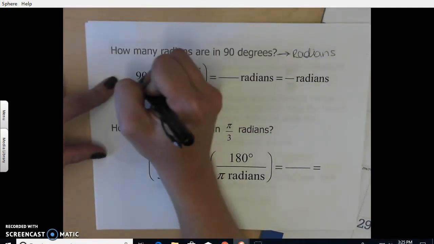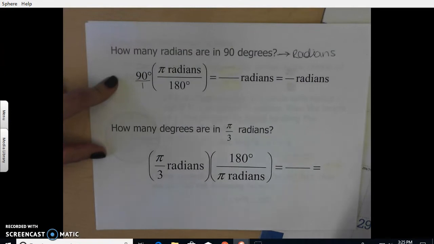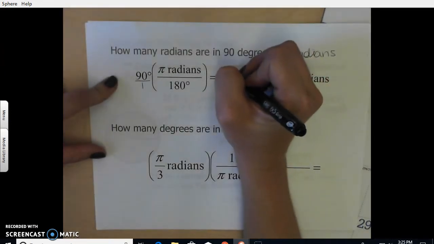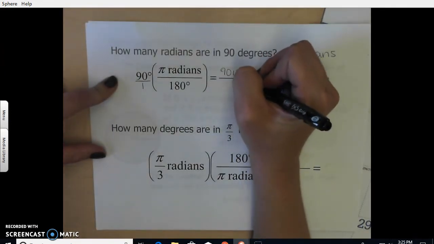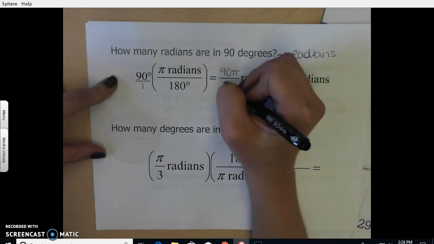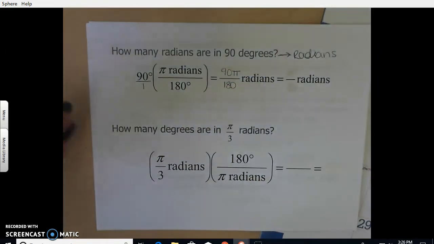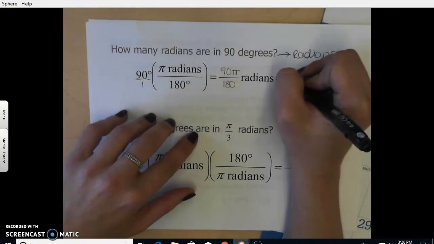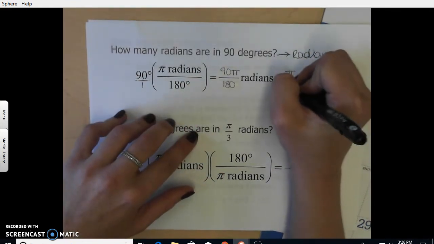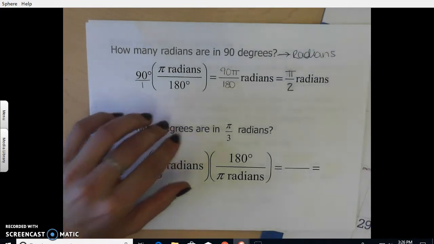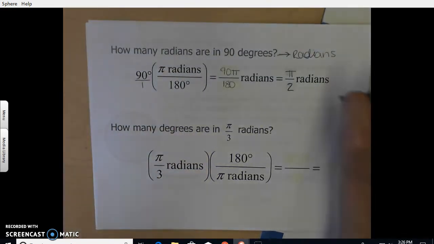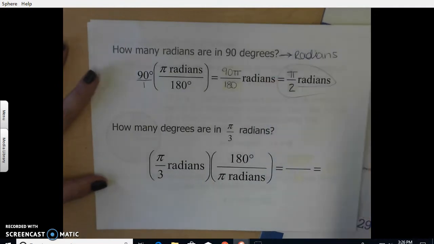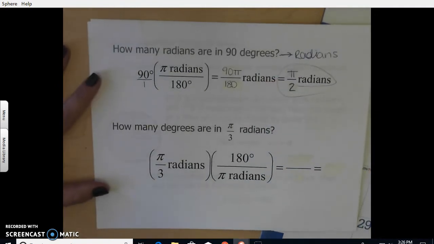So this is just like 90 over 1, which is 90 pi radians over 180. And what is 90 divided by 180? That would be pi over 2 radians. So when we're talking about radians, we keep it in terms of pi.